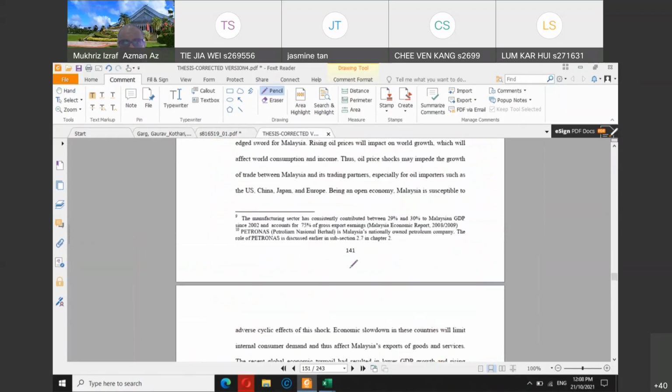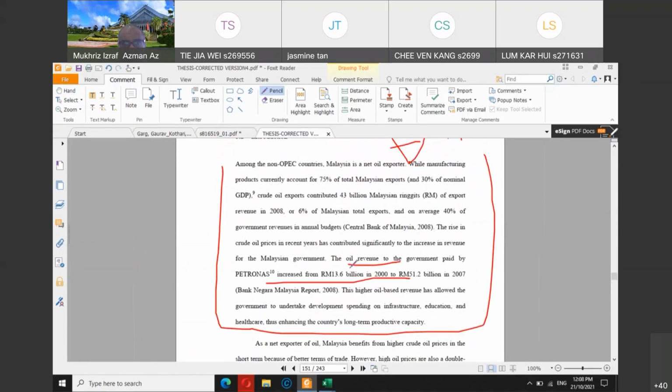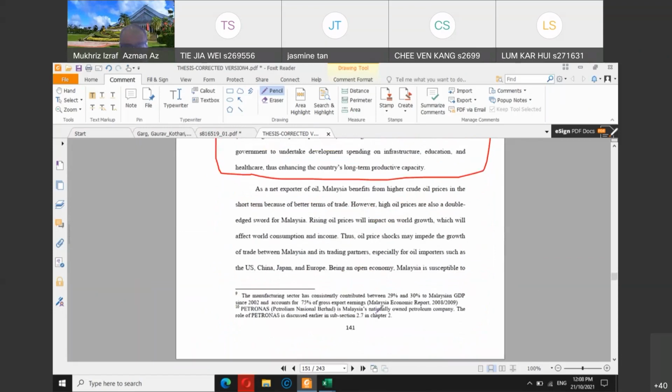For example, here I've also included a footnote, not an endnote. Footnote means I put a number, you can see the superscript 10, and it mentions how much Petronas contributes to the Malaysian sector.